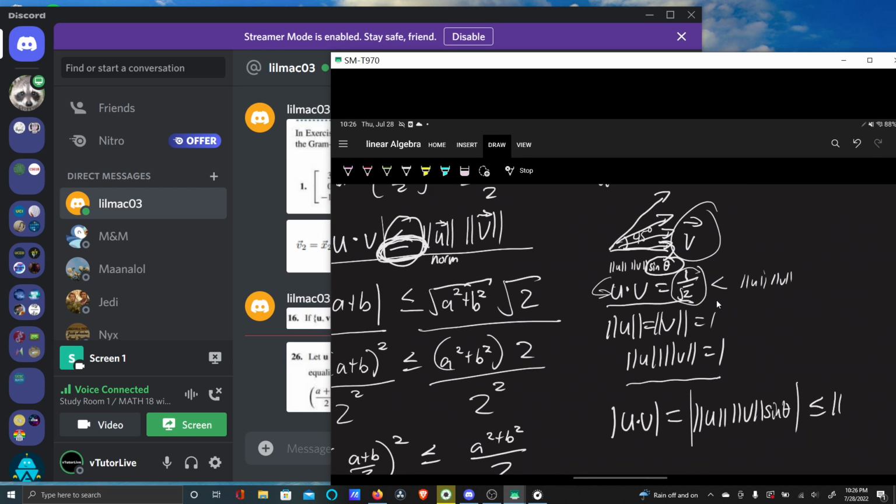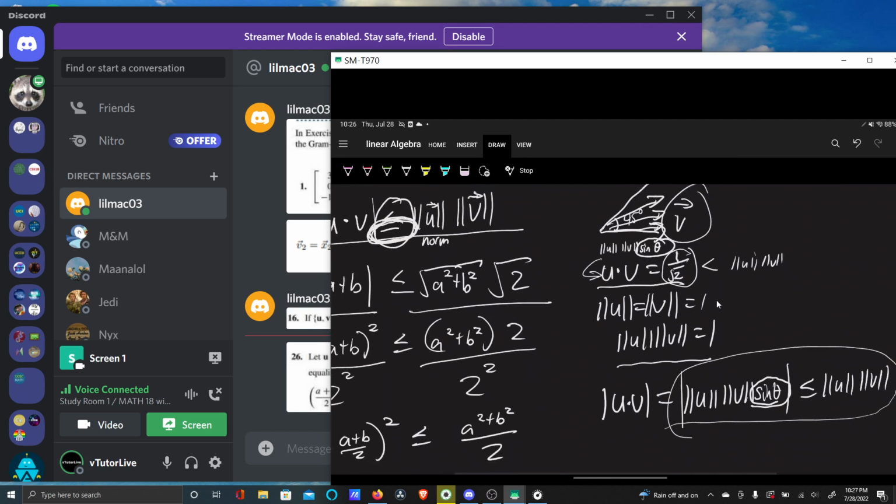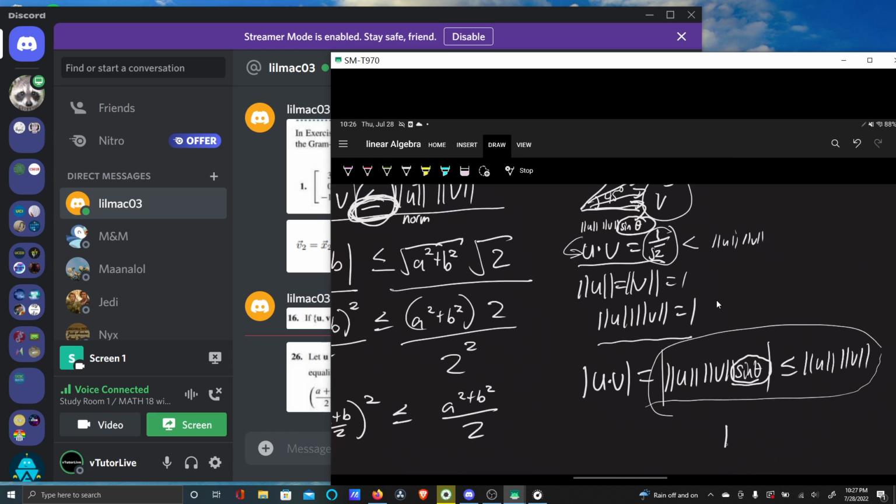And when you write it this way, the Cauchy-Schwarz inequality becomes really obvious, right? Because this is basically just saying that these two things only differ by a factor of sine theta. And we know it's true that sine theta is always less than or equal to 1. That's all the Cauchy-Schwarz inequality is saying, right?